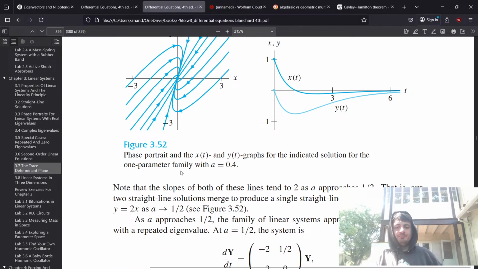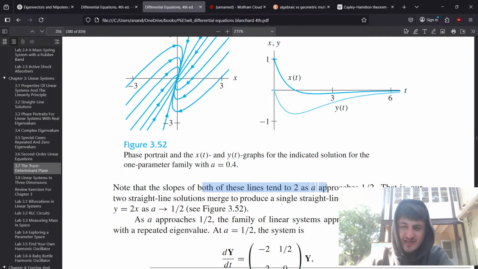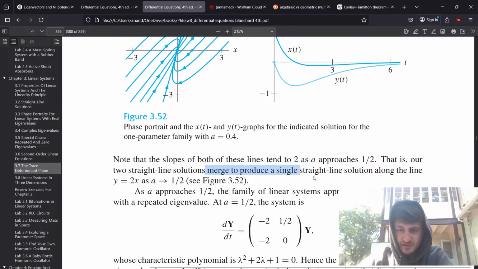Oh, cool. Note that the slopes of both of these lines tend to 2 as A approaches 1/2. That is, our two straight line solutions merge to produce a single straight line solution.